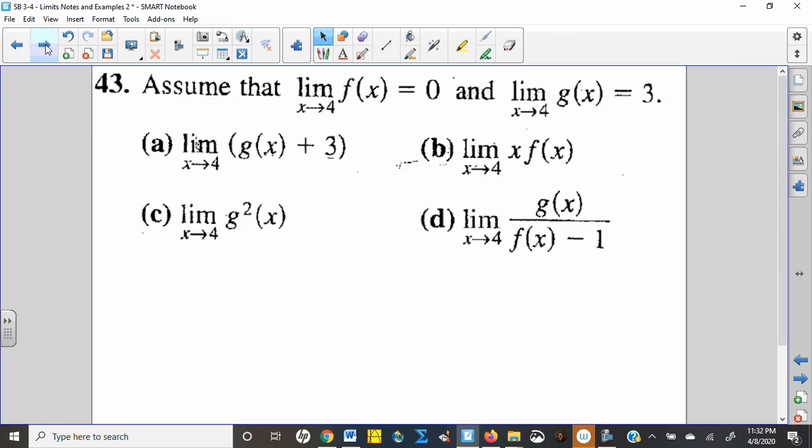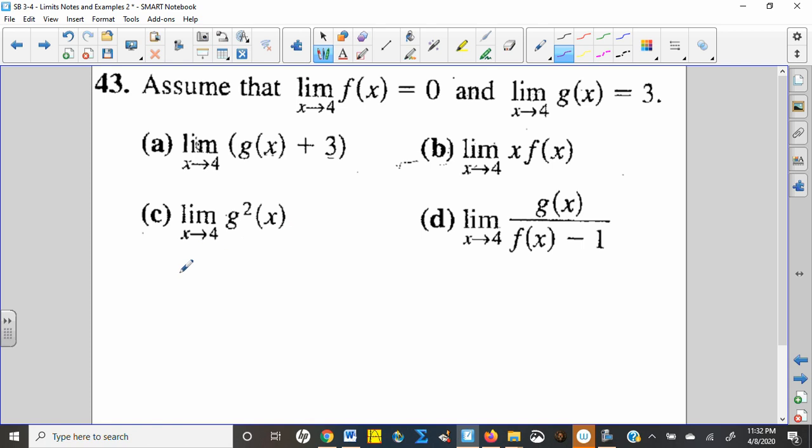43 and 44 really just wanted you to apply the properties of limits. These are the only ones where you really have to be careful with your constants and that kind of thing. Normally these kinds of problems you're not going to see as far as problems you have to show work on, maybe a multiple choice question or something like that.